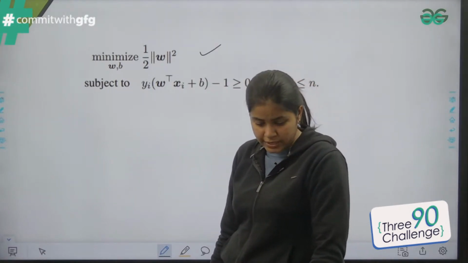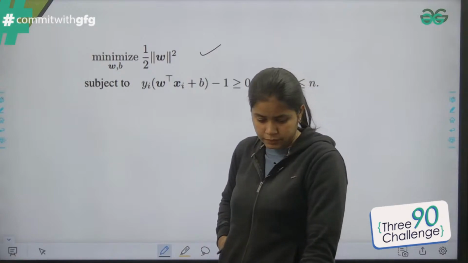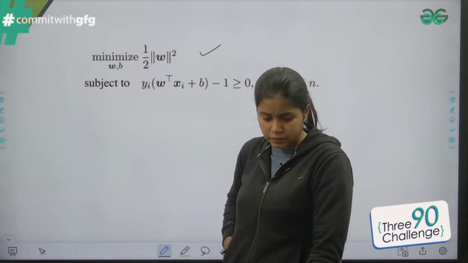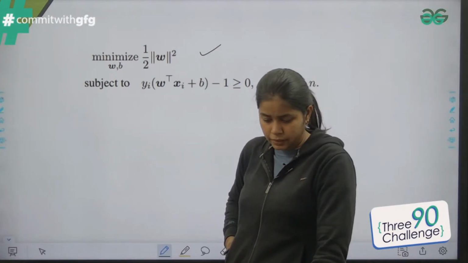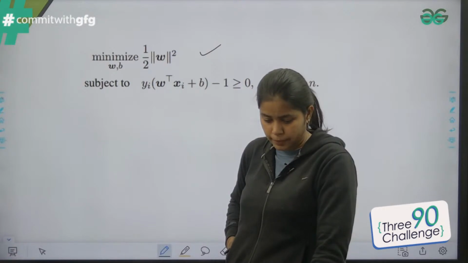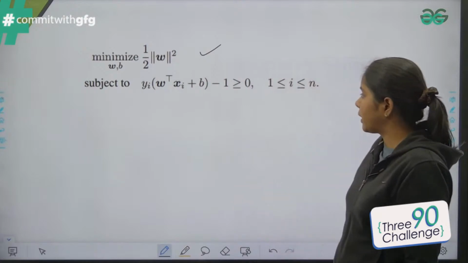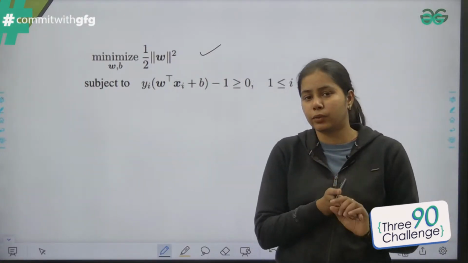Just let me know, guys, is there any question in this? Yeah, it will not work well for detecting outliers, but if I have outliers in my data set, then it would work, right?